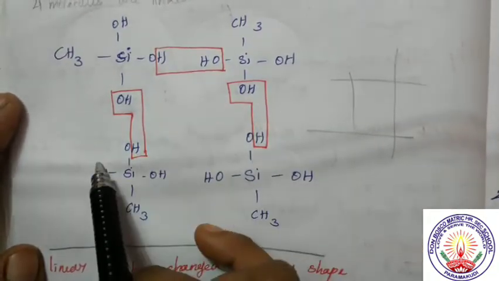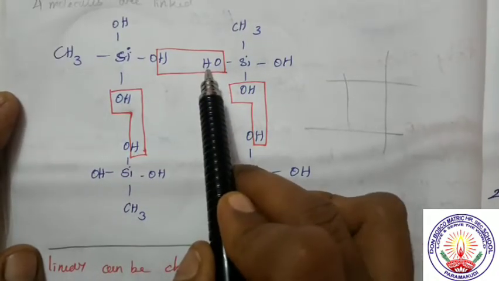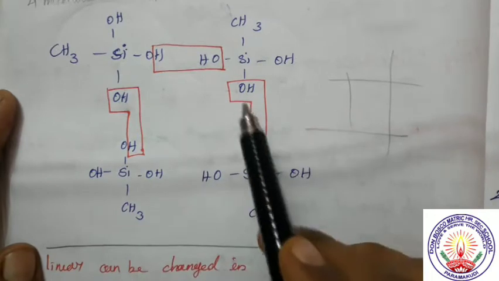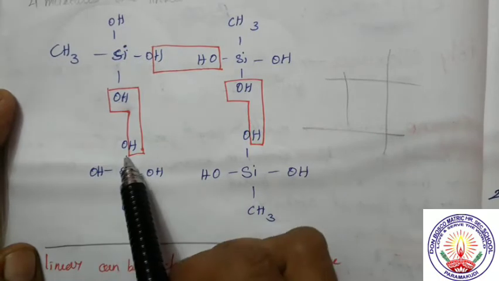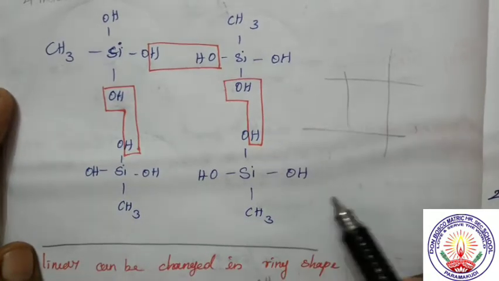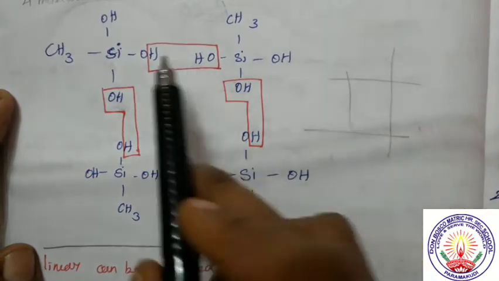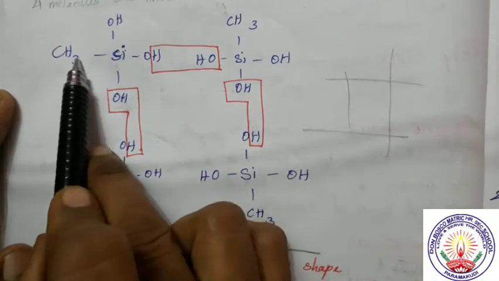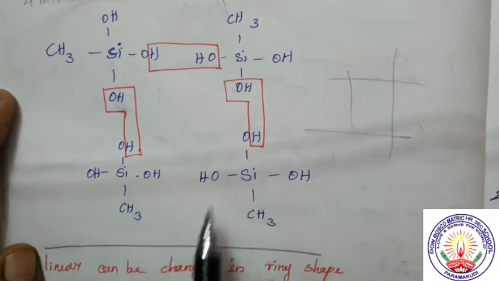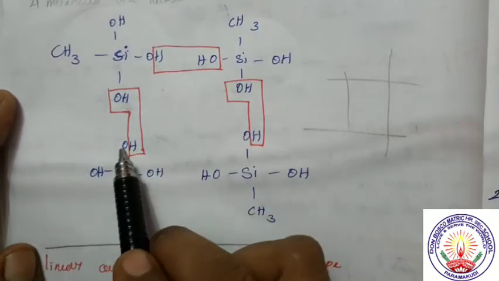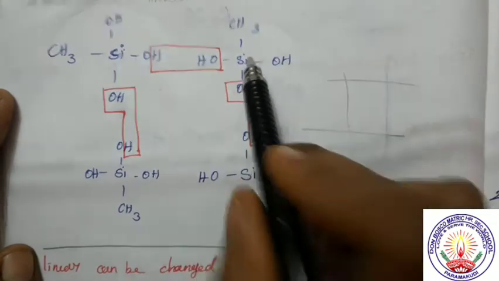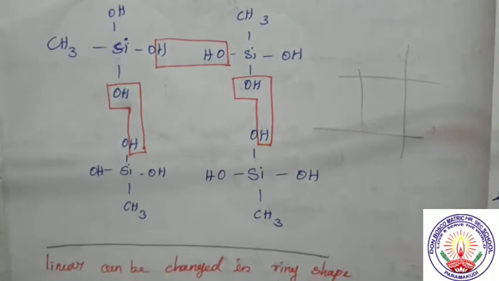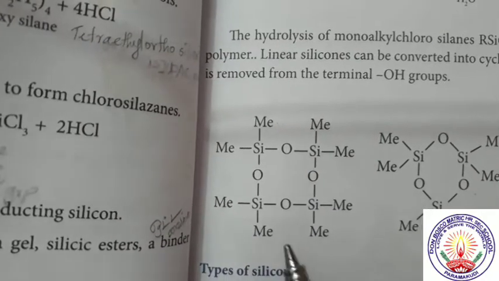So everywhere the H2O will be released. Here the OH and here the H release a H2O. After releasing this, here O is left. So this combines with this unit, and this O combines here, and this O combines with this unit. So therefore we are getting this structure.